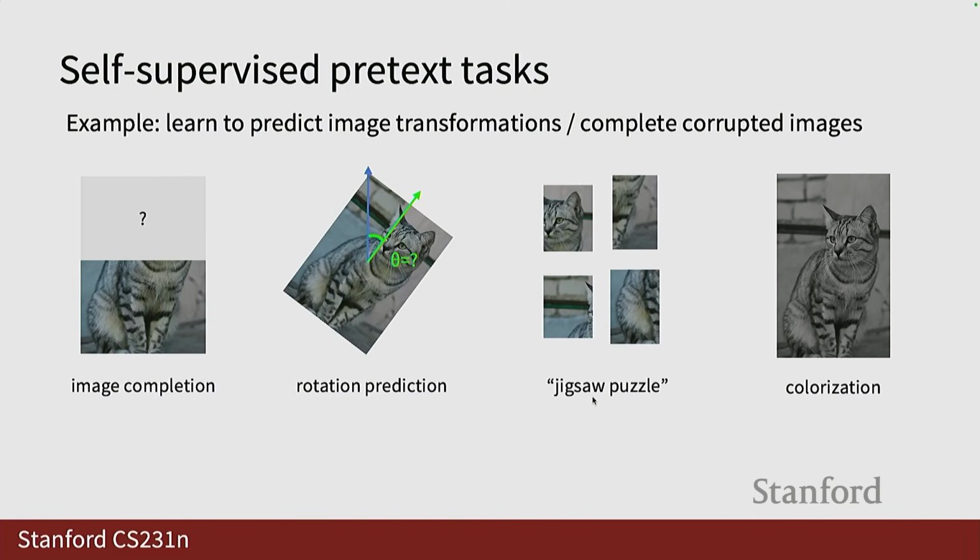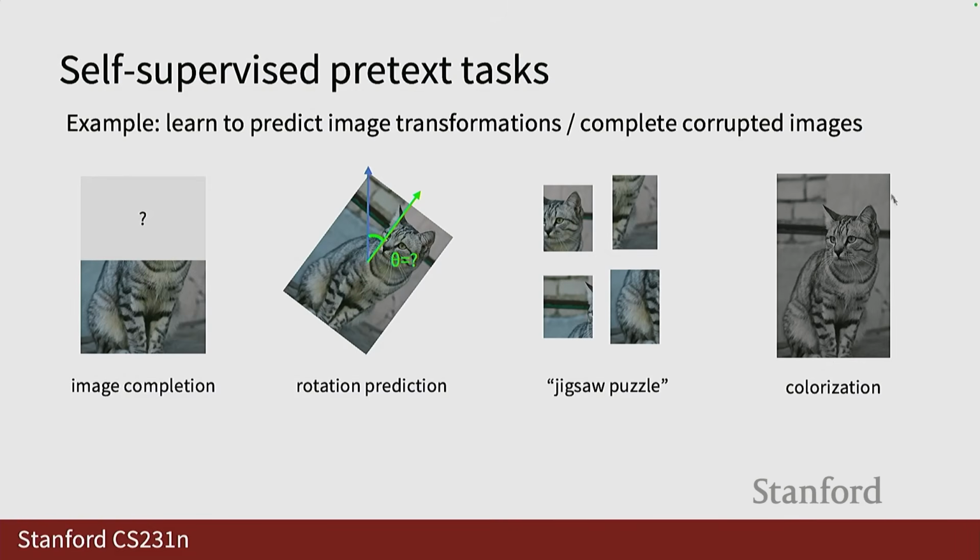And the other one could be a jigsaw puzzle, where we have patches of the image that are not ordered, but the task is to output the correct order of these patches. And colorization is one of the popular ones. These are the four that we'll be covering very quickly today.